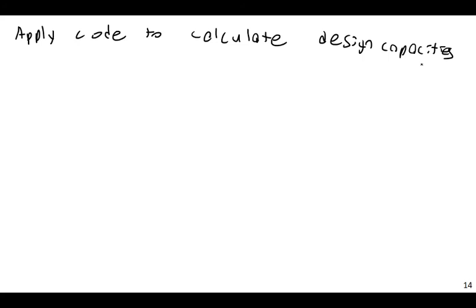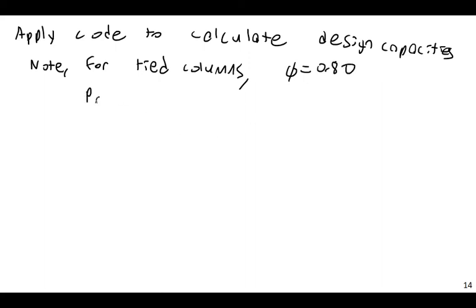Note that this is a tied column rather than a spiral column. For tied columns, the code uses a phi equal to 0.80.